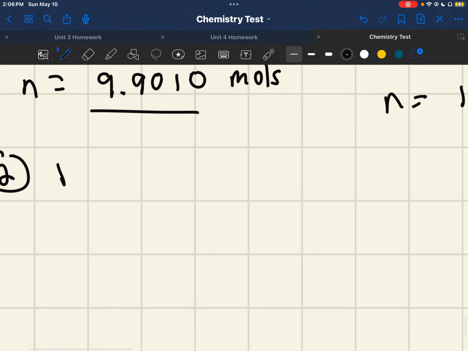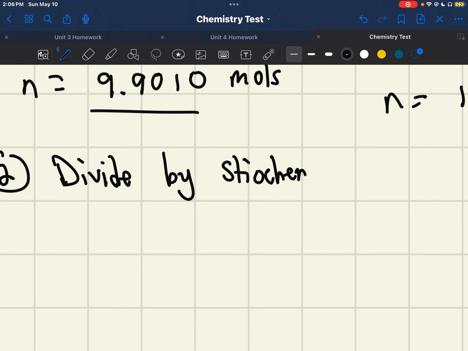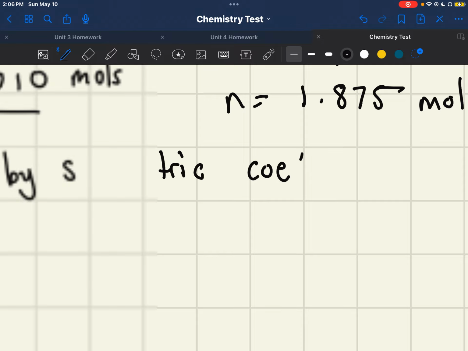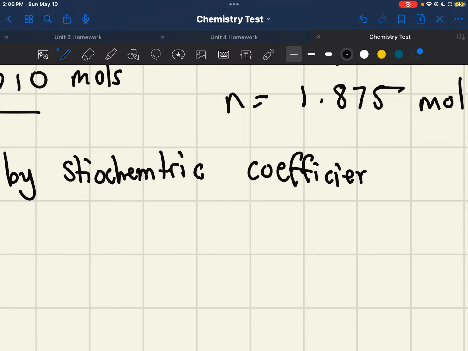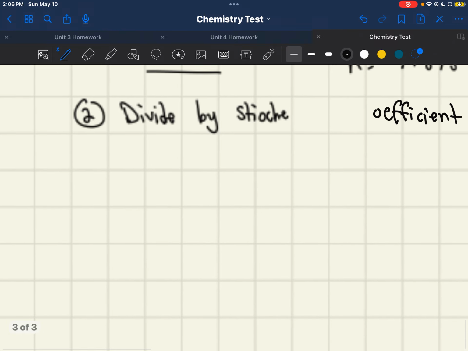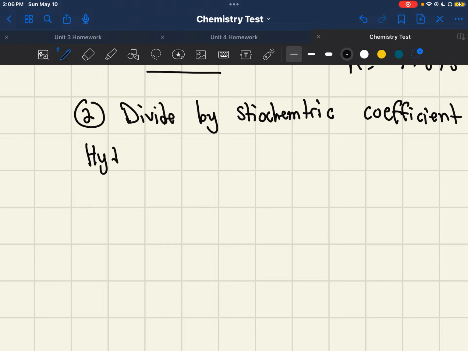So we're going to divide by stoichiometric coefficient. First for hydrogen, which I use this color for.